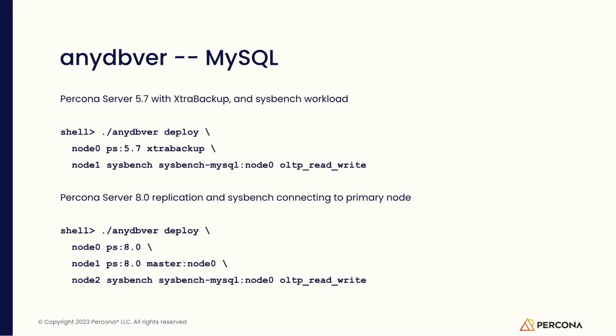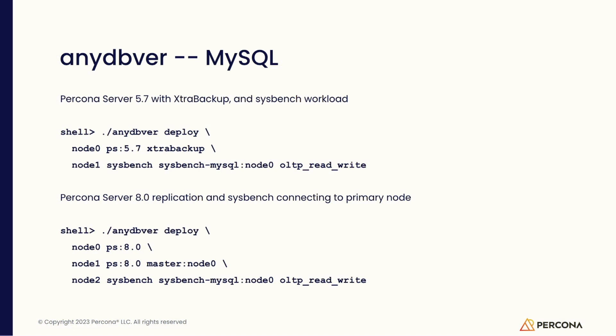So this is where we start to do fun stuff, right? In this case, we are deploying Percona Server 5.7, and it will also install extra backup, and it will create another node.